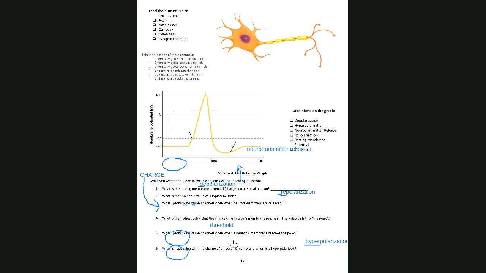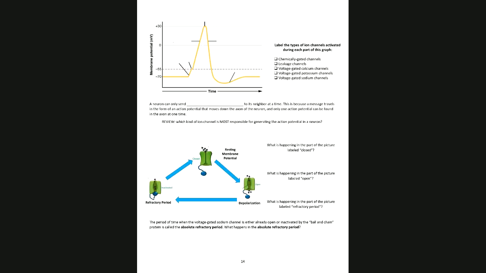At that point, it'll allow me to do depolarization, where my membrane charge goes up really fast. I'll spit out neurotransmitters at the top, but then I've got to get back negative. Oops, I went a little too negative. Eventually, I get back to normal. So the first graph that you have to label there on page 12, we learned those names. That's going to help us when we go to page 14.